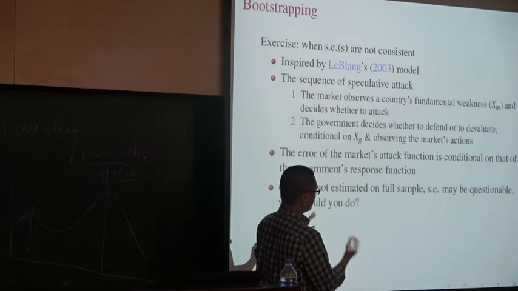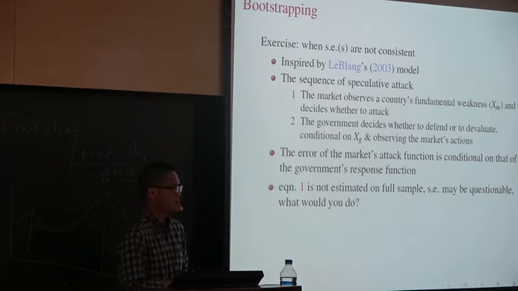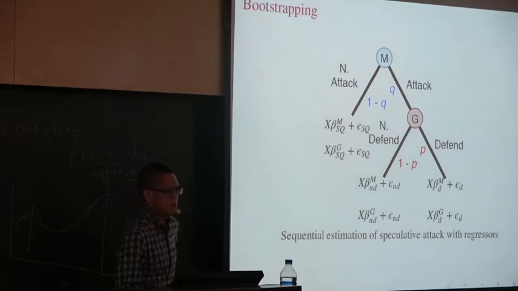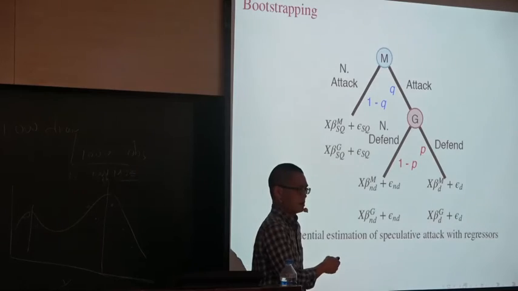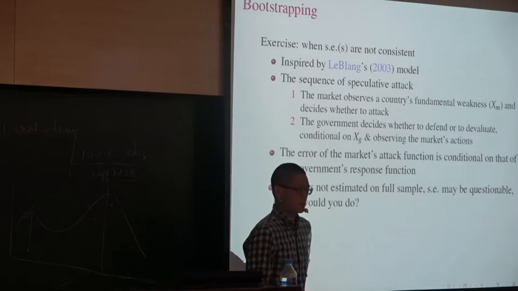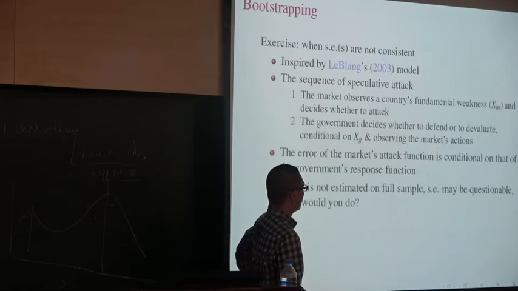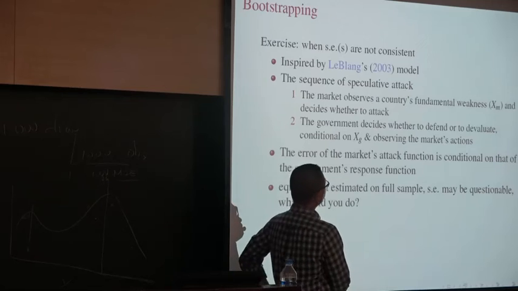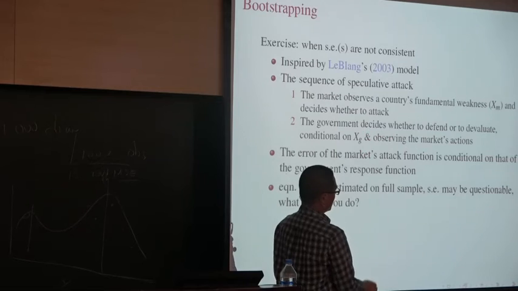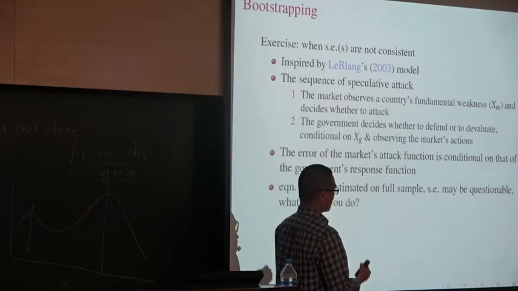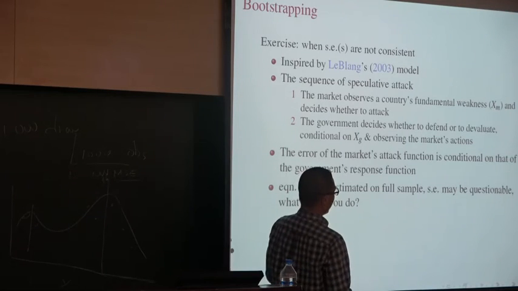So does that remind you of something that you have learned from your class? That's an extensive form, a game tree, right? In which the market is the first mover, and the government is the second mover. So the market's decision to attack depends on some of the fundamental conditions the government has, while the government's decision to defend depends on observing the attack.